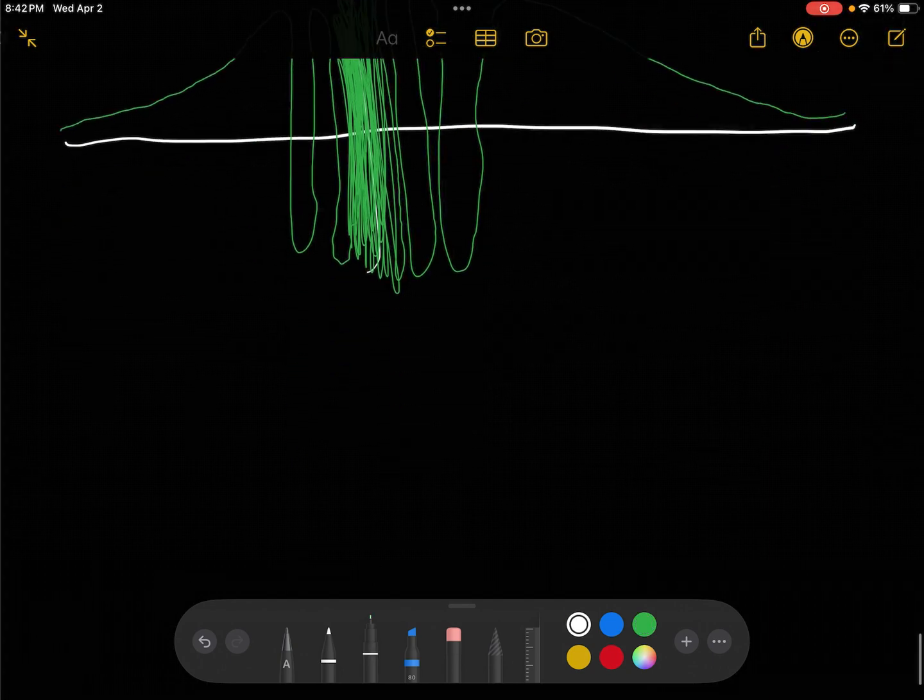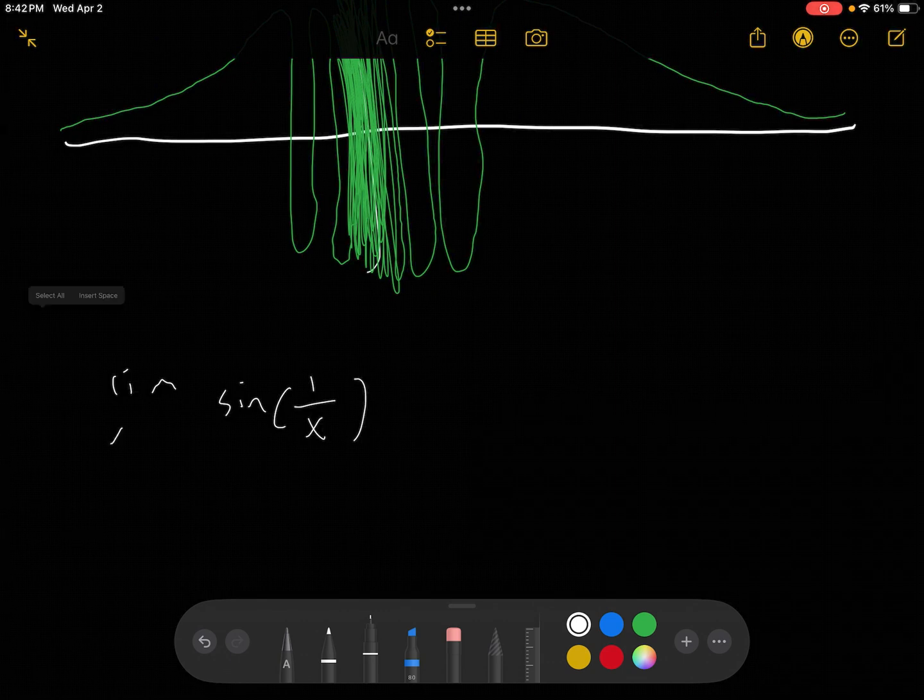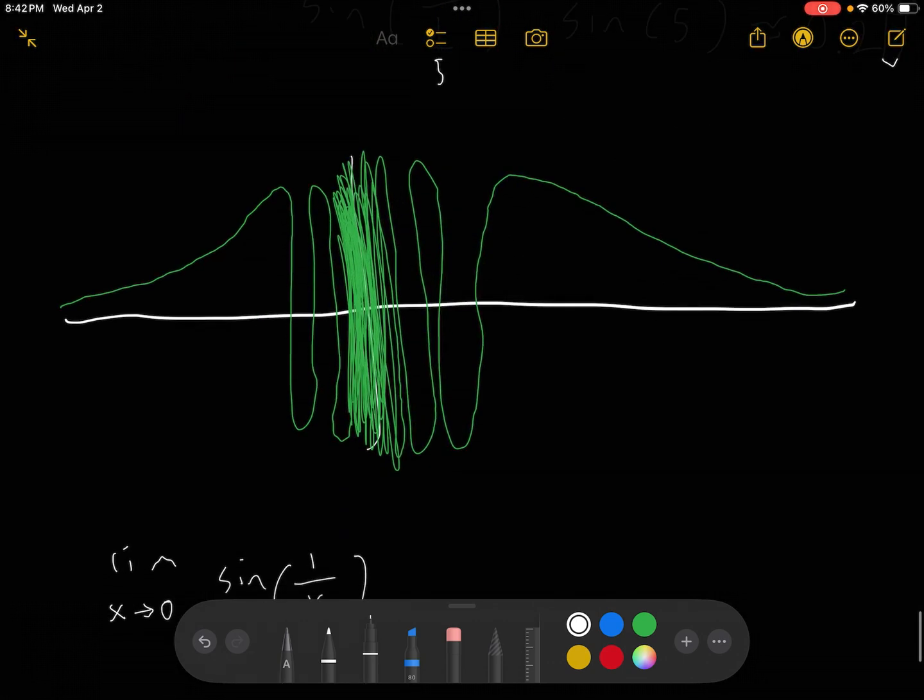So if we were to compute the limit of this function at 0, we can see that it's not going to exist, because as you take x values that are getting closer and closer to 0, f of x is not converging to one specific number.